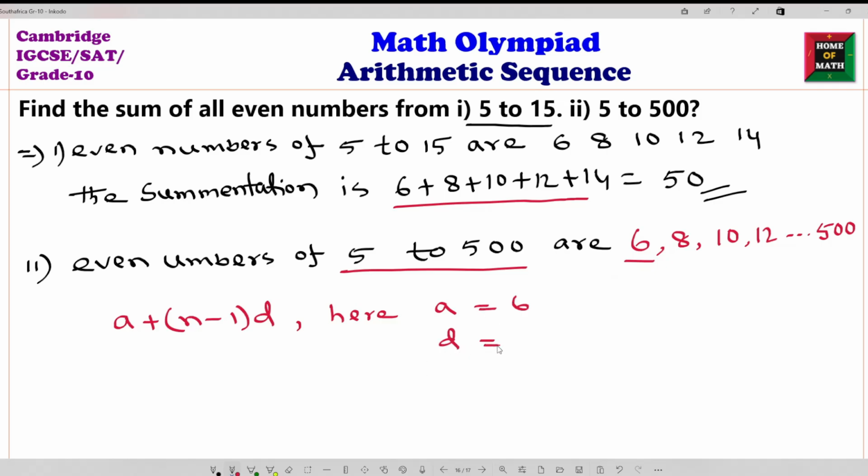The common difference is 8 minus 6 equals 10 minus 8 equals 12 minus 10, any one, the result is 2.